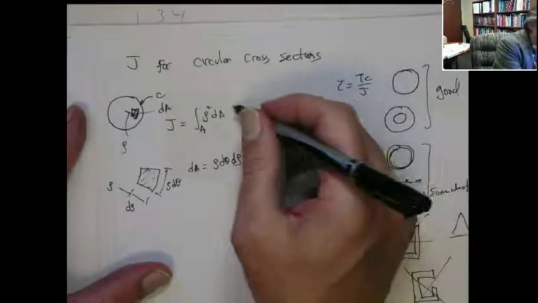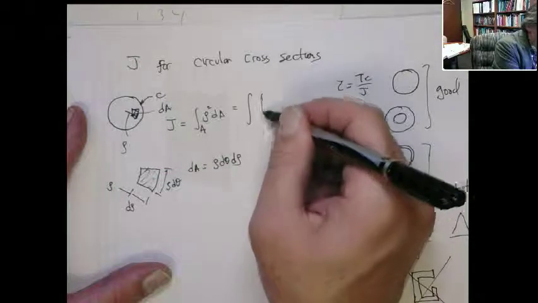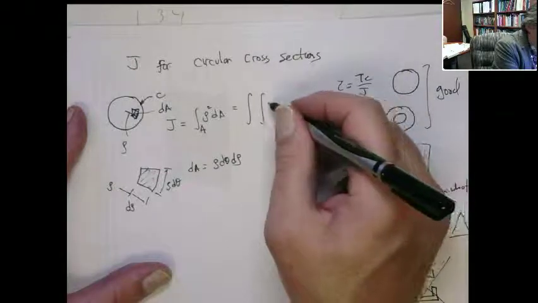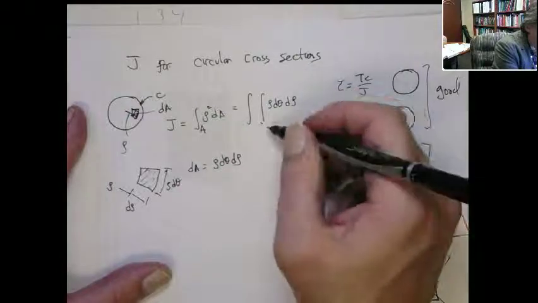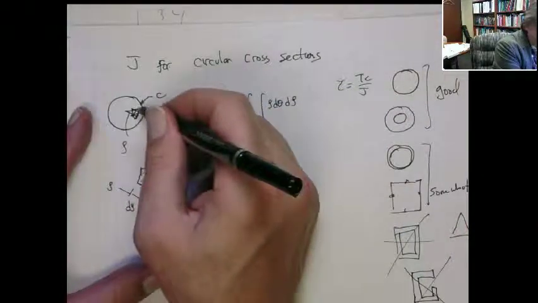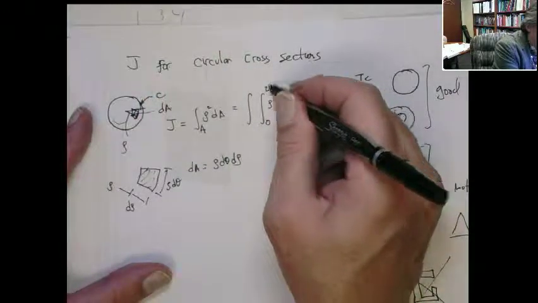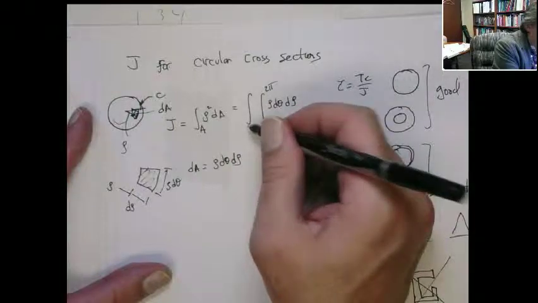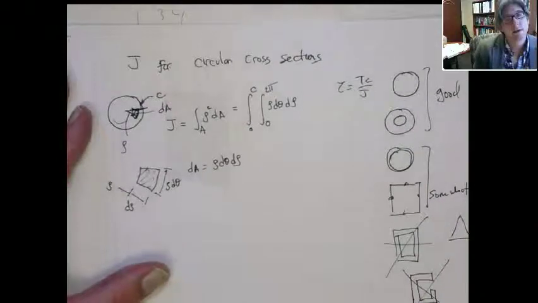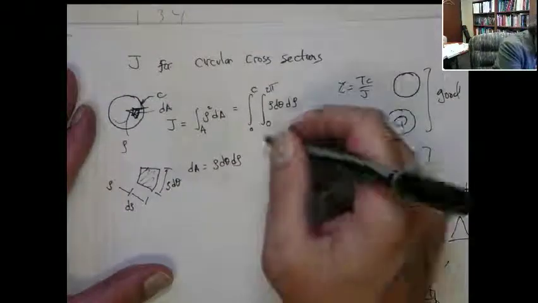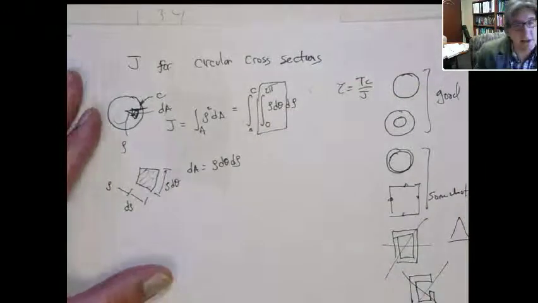Breaking up the integral, theta is going to go from 0 to 2 pi, and rho is going to go from 0 to the outer radius c. This first integral is really easy to deal with because there's no theta dependency in here.